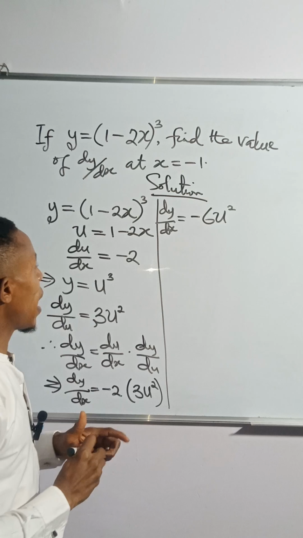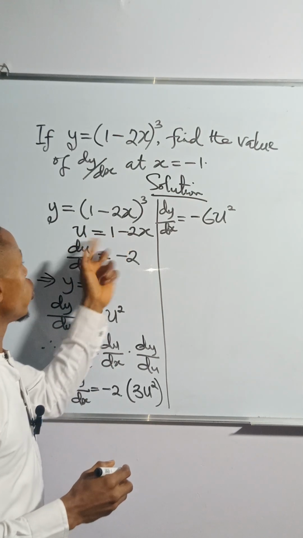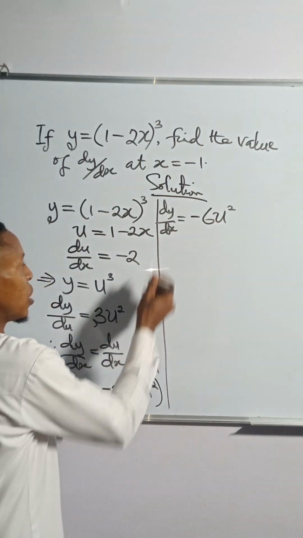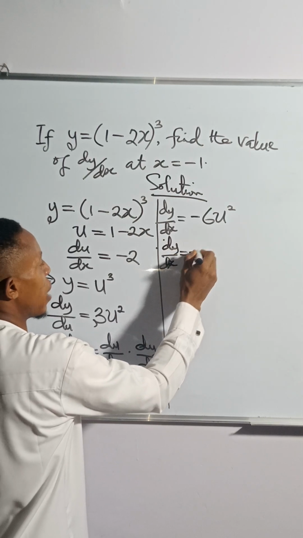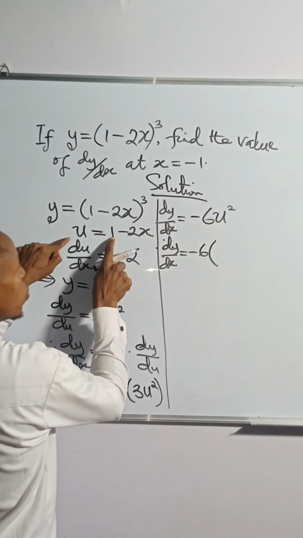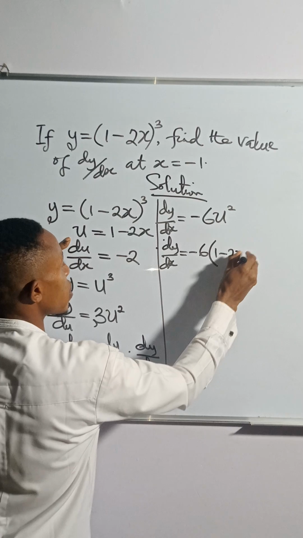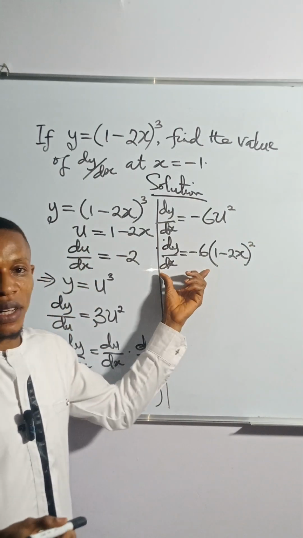Finally, we bring back the value we substituted for u initially. So dy/dx will be equals to minus 6 times, what is our u? Our u is 1 minus 2x. So I substitute it: (1 minus 2x) all raised to power 2. So this is dy/dx.